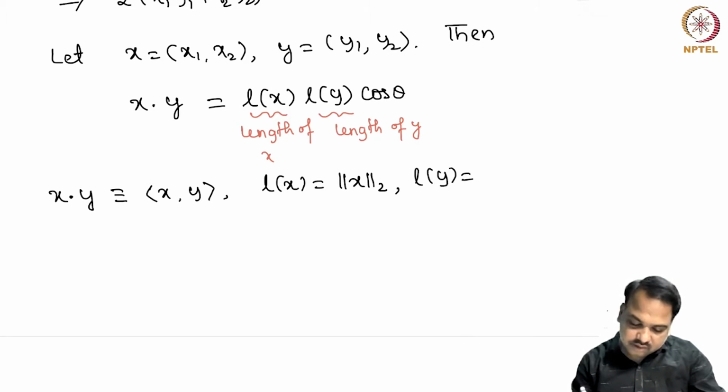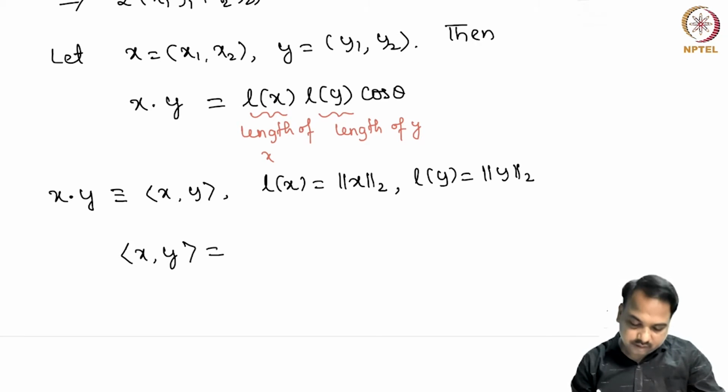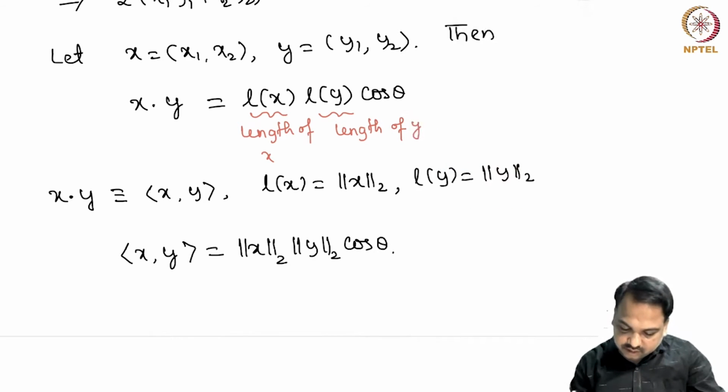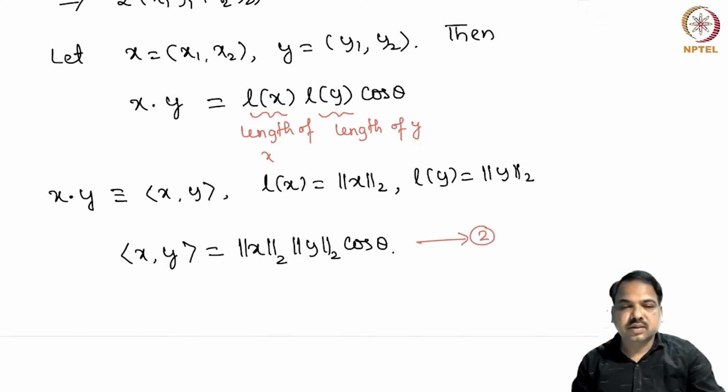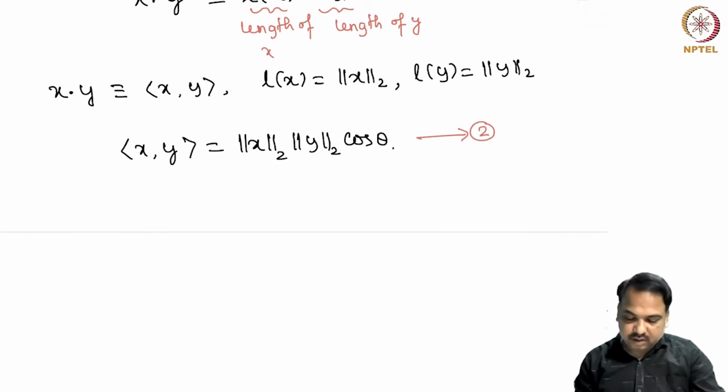So we can also say that the length of y is the Euclidean norm of y. Then the same can be expressed in this new notation as follows. This equation expresses the scalar product in terms of the lengths of the vectors as well as the angle between the vectors.